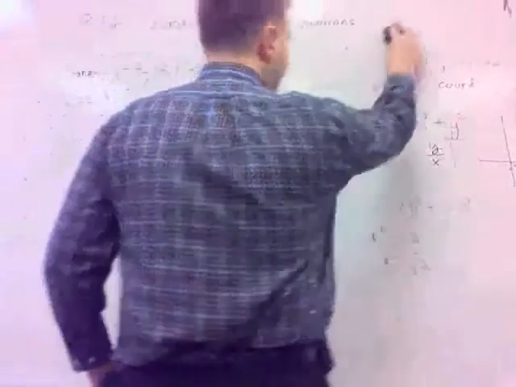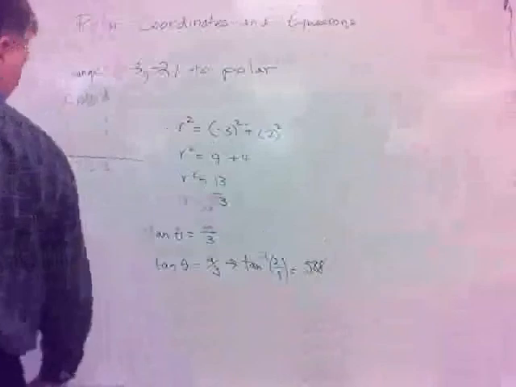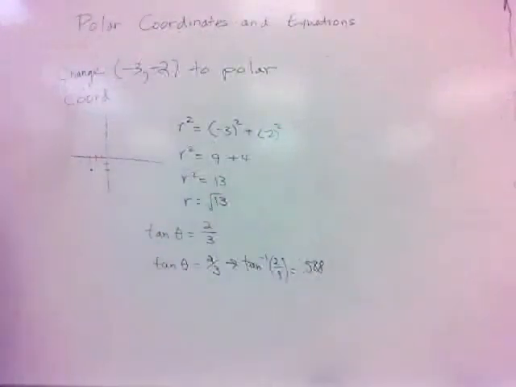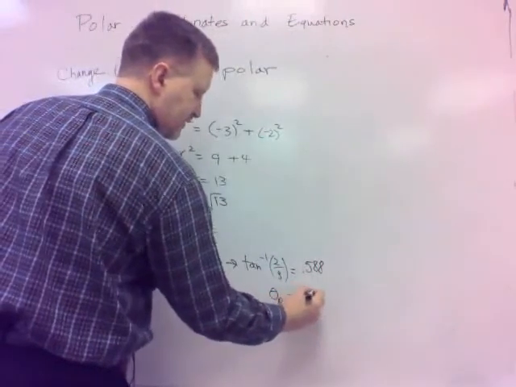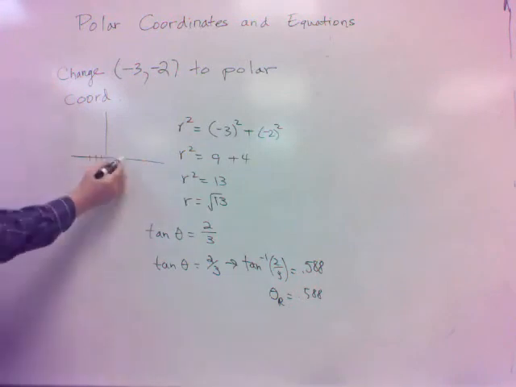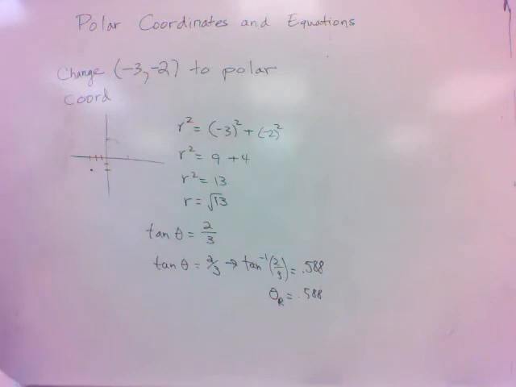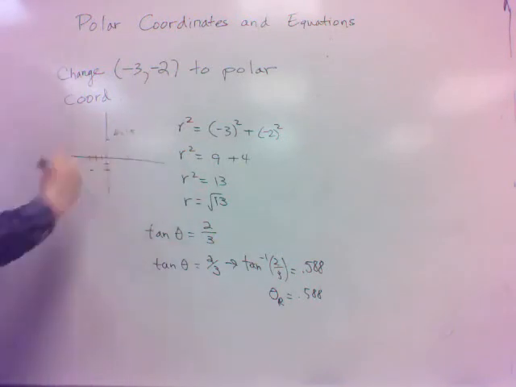Now, here is a big thing. Is 0.588 our reference angle? Because here, where is 0.588 going to put you? Well, this is pi over 2, which is 1.5 something.